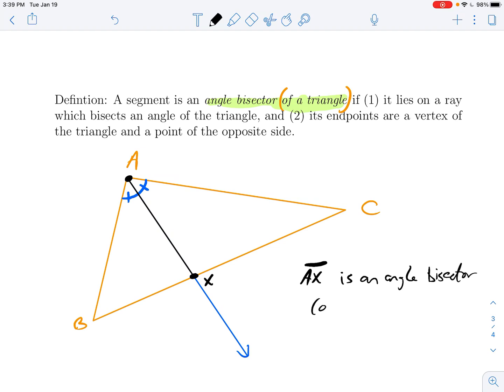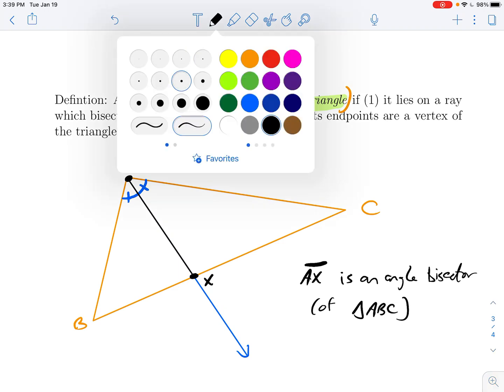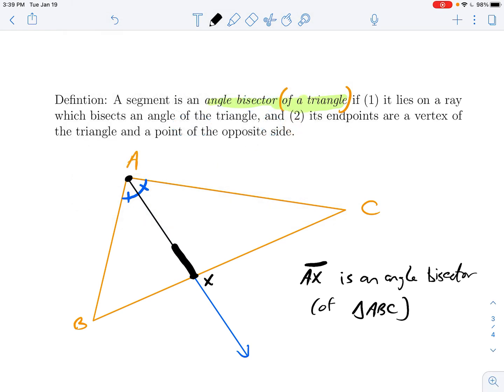And it's sort of implied of the triangle. So formally speaking, when we talk about angle bisectors, they're rays. But if we're talking about an angle bisector in the context of a triangle, it is okay to talk about just a segment being a bisector.